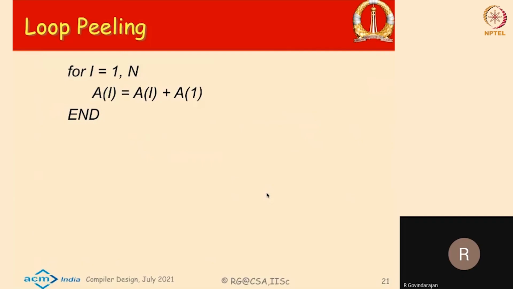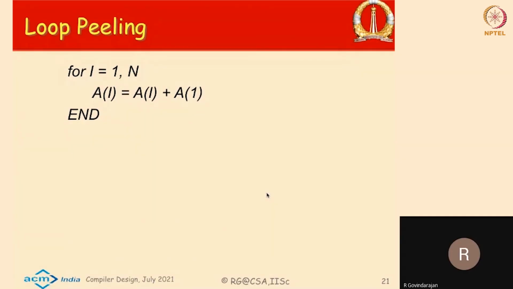First of all, is there any dependence? Essentially, we are adding a constant to all the elements in the vector. Actually, A1 may not be a constant, right?